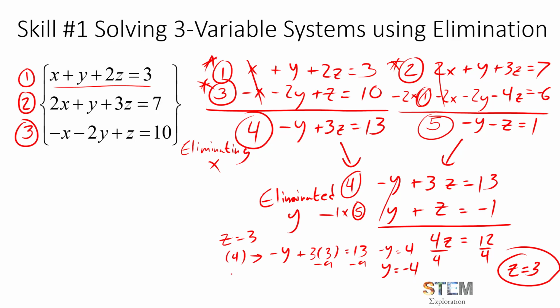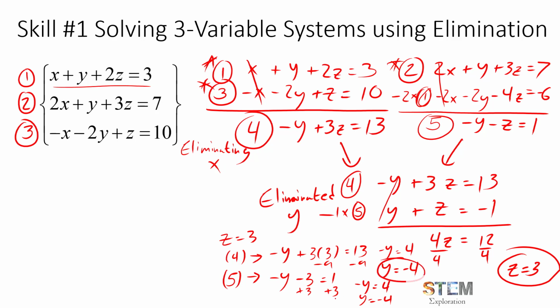All right, and again, we could check this very easily in the next situation and say that negative y minus 3 equals 1. Okay, add 3 to both sides. Very quickly find that negative y is equal to 4, and again, y is equal to negative 4.